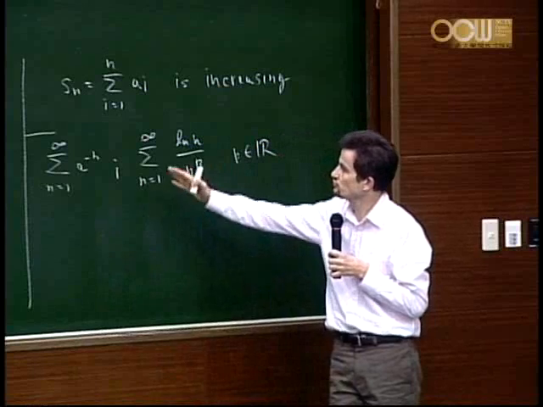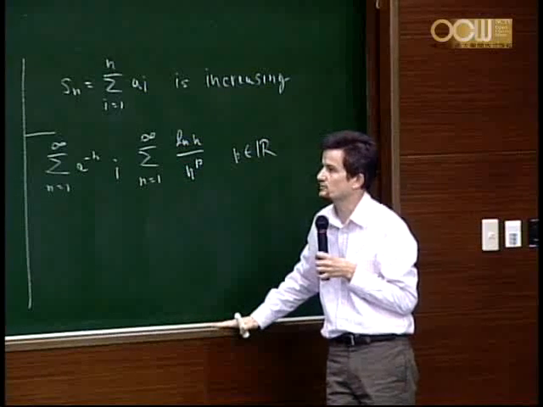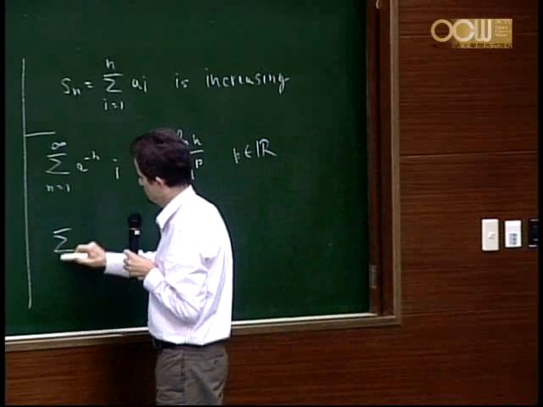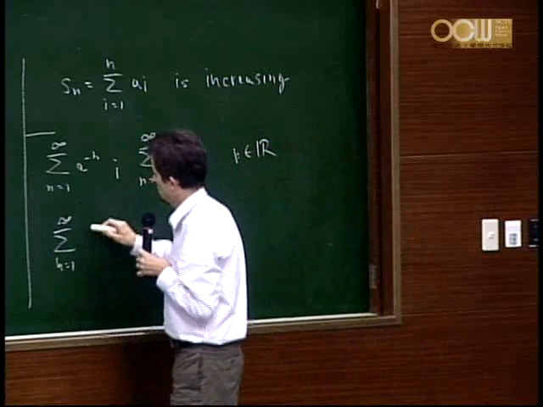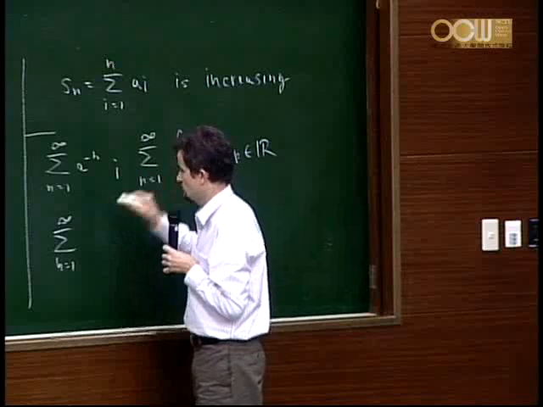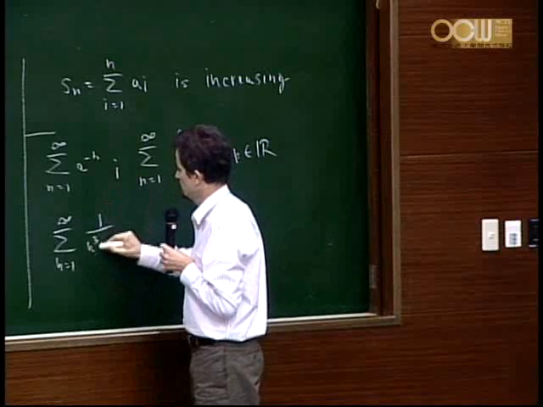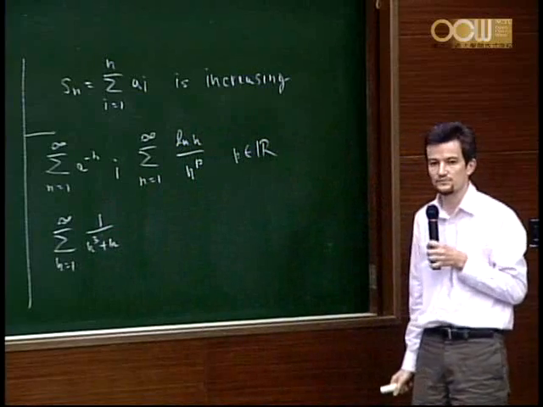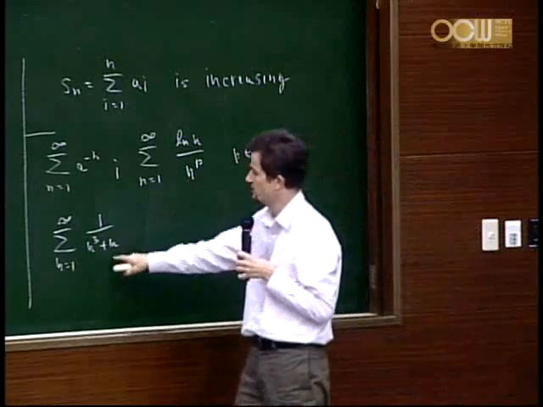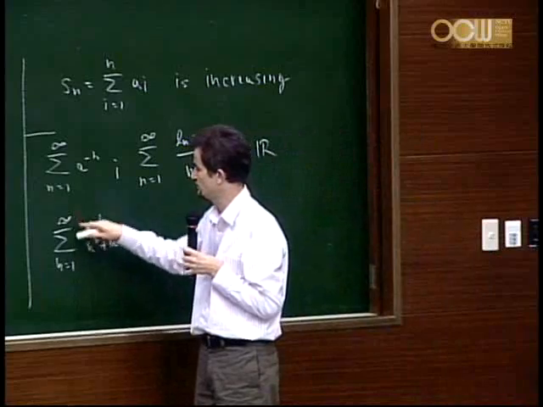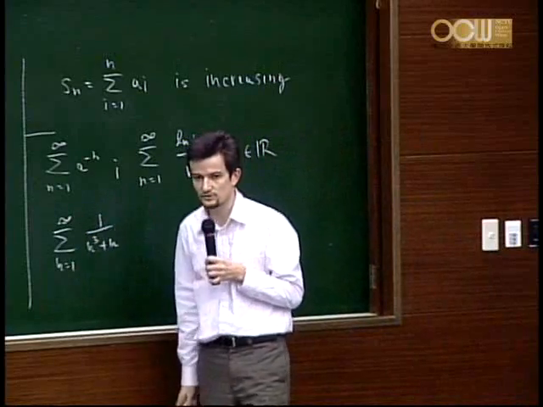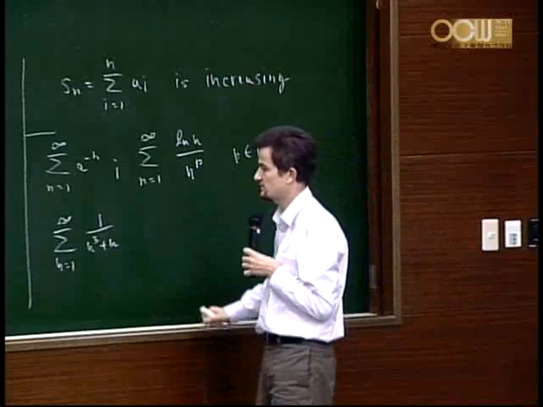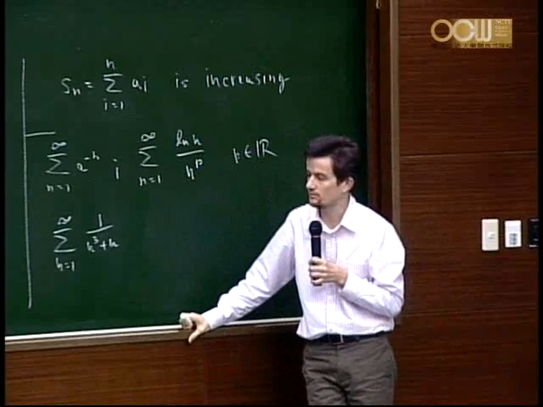For those two examples the integral test is easier, but for the series 1 over n cubed plus n, using the integral test was quite tedious, because we had to replace this series by the integral from 1 to infinity dx over x cubed plus x, and this integral is not so easy to compute. It's standard, but you have to do more computation.